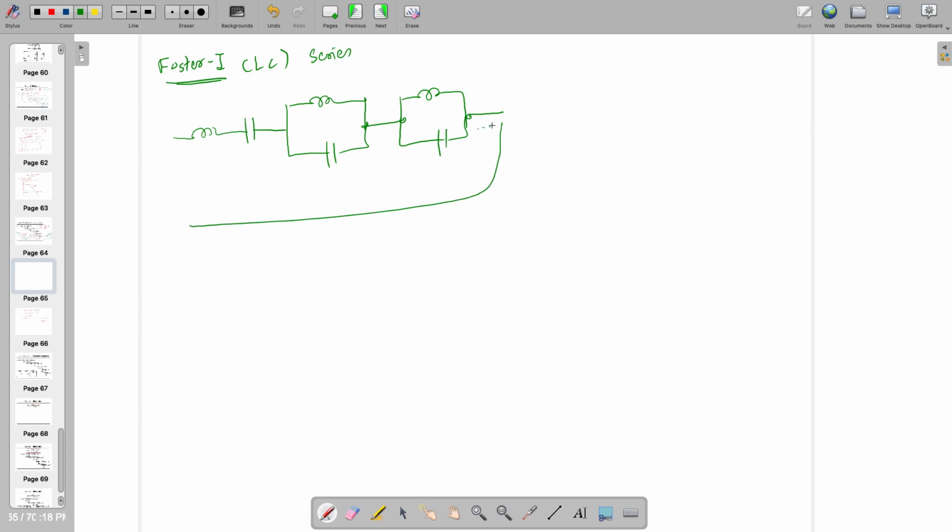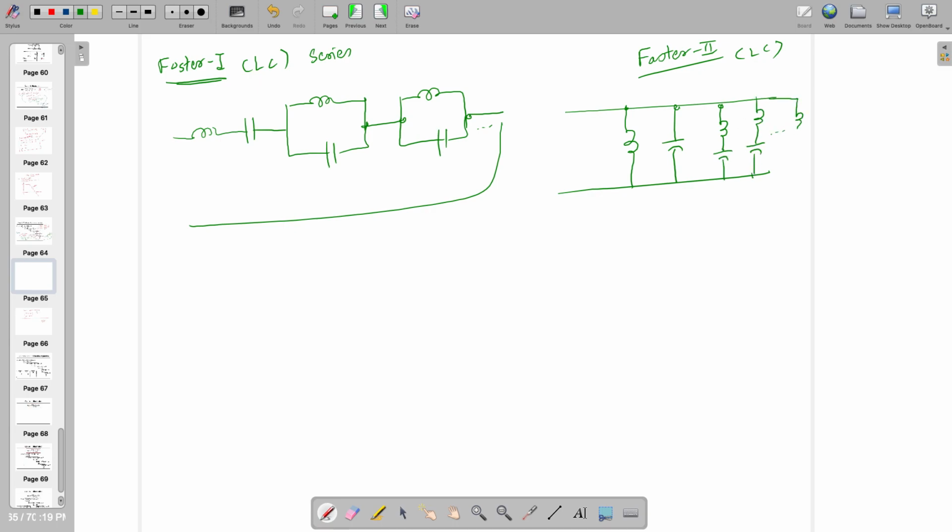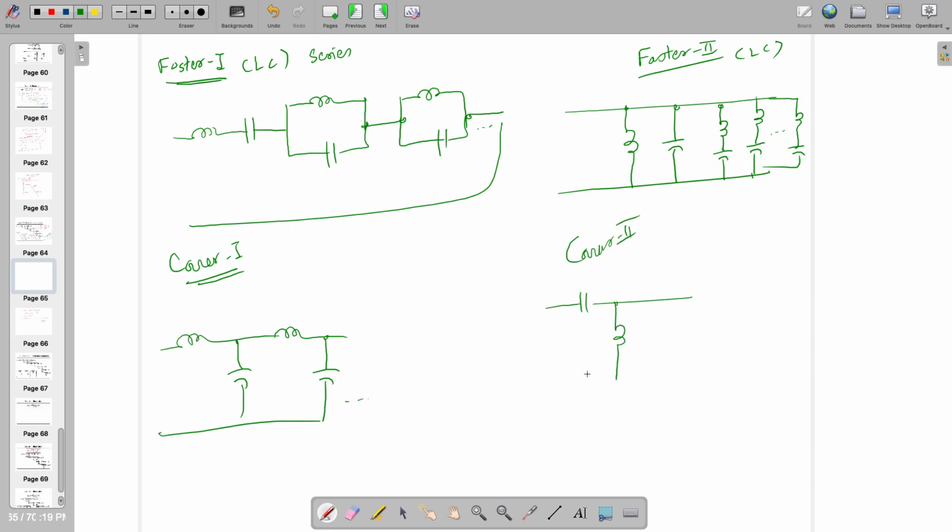Foster 2 is a parallel combination of LC, so I can make the first entry either inductor or capacitor, but the rest of the entries are inductor and capacitor in series, all in shunt, right? Similarly, Cauer 1 has first entry L, second entry capacitor, inductor, capacitor, and so on. For Cauer 2, the first entry is capacitor, inductor, capacitor, inductor, and so on.